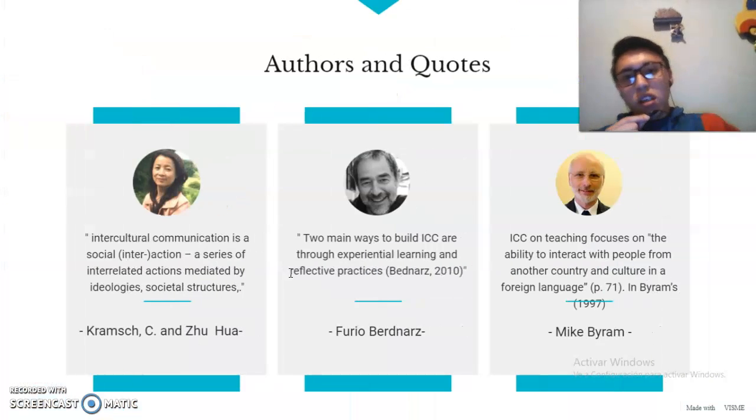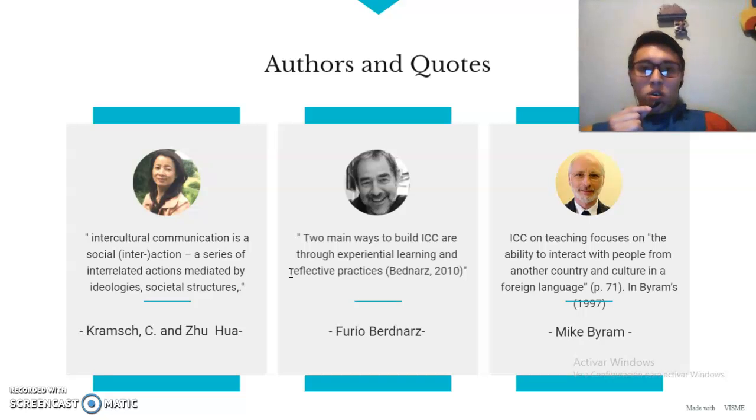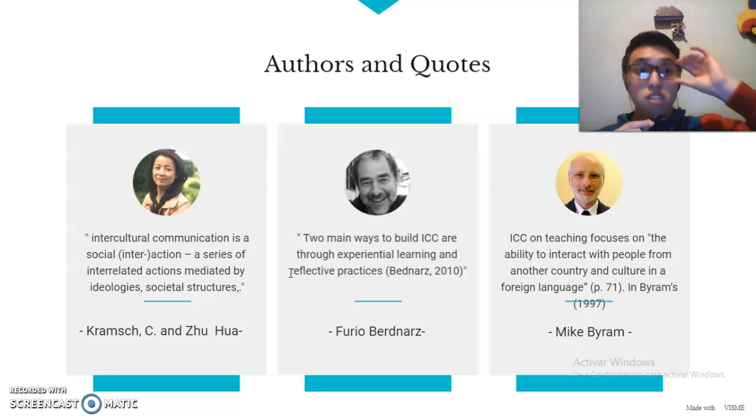The last part is about the authors and quotes that are important in TESOL and teaching English as a second language, or teaching Spanish as a second language, or teaching some languages. The first is intercultural communication is a social interaction.